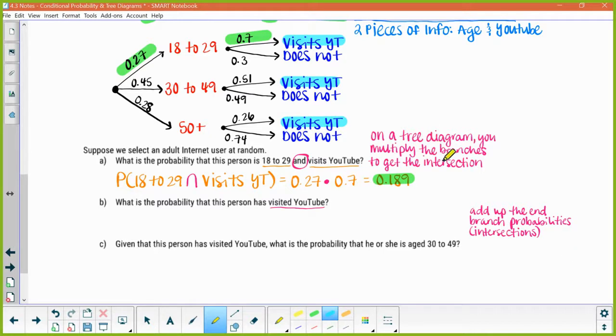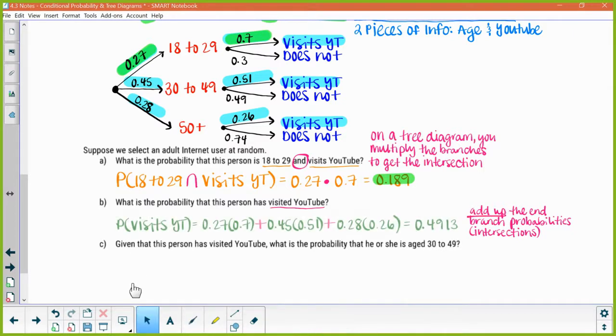And remember, like I said, for the intersection, in order to end up at one of these ending branches, you have to follow the entire path. You have to go to each group specifically, and then within each group, you have to go the path of visiting YouTube. Now, this is an instance where we're going to add up those probabilities. So, probability of visiting YouTube, I'm going to take 0.27 times 0.7.